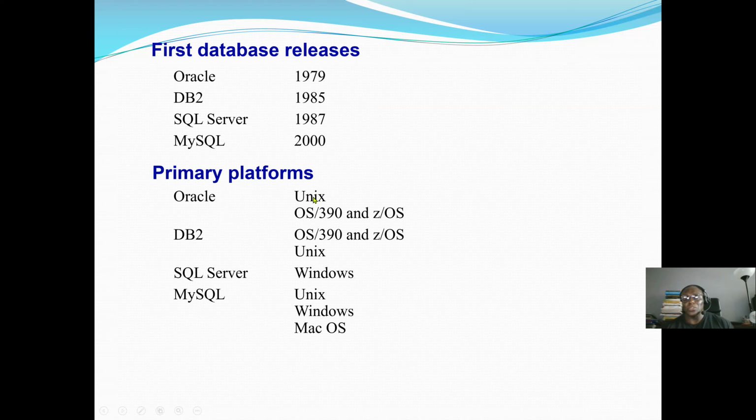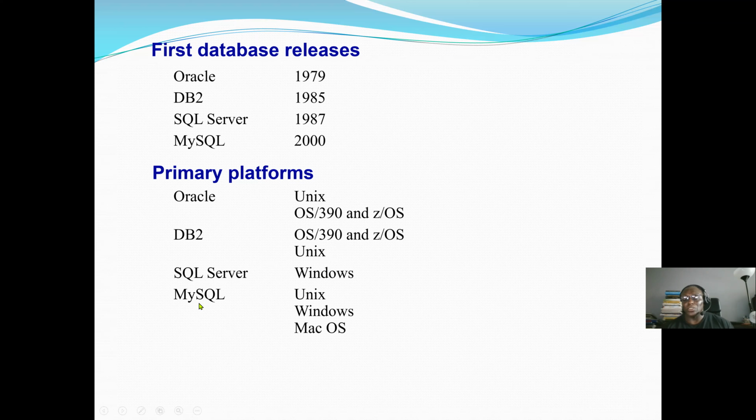Now, the primary platforms for the Oracle database are the Unix operating system or OS/390 z/OS. The same applies to the database tool by IBM, which can be used on Unix and also OS/390. But SQL Server, again from Microsoft Corporation, runs on Windows.